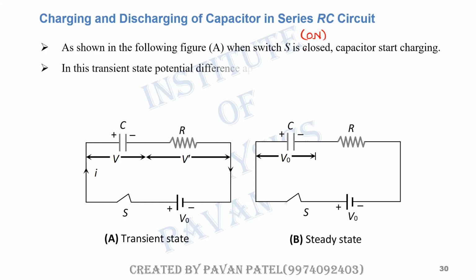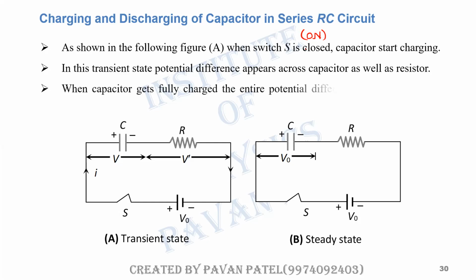In this transient state, potential difference appears across the capacitor as well as the resistance. You can see in figure A that potential difference appears across the capacitor as V and across the resistance as V dash. And of course, V plus V dash is V0 at any time t.